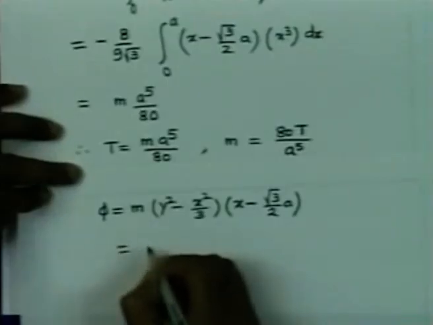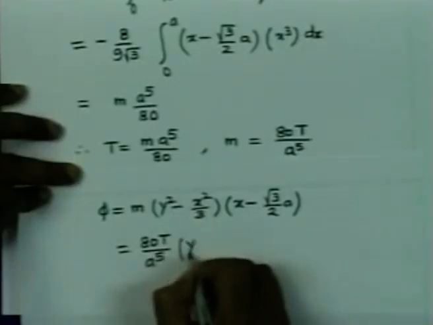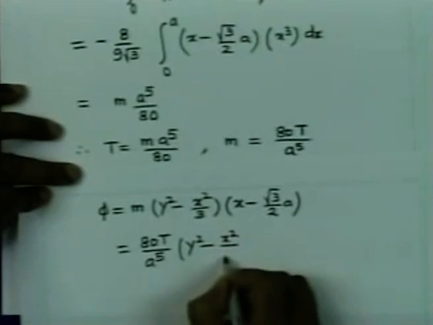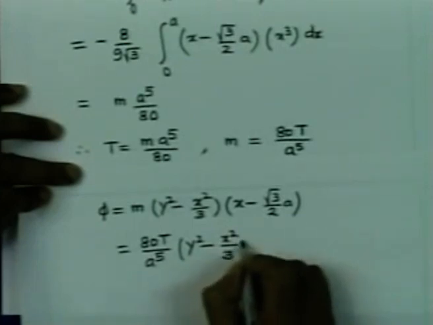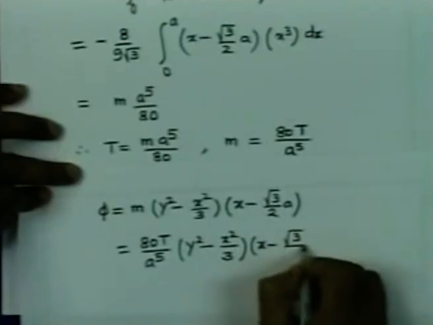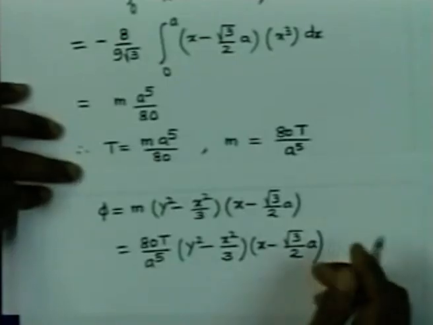Now, if we substitute the value here, 80 T by a5, into y square minus x square by 3, into x minus root 3 by 2 a.